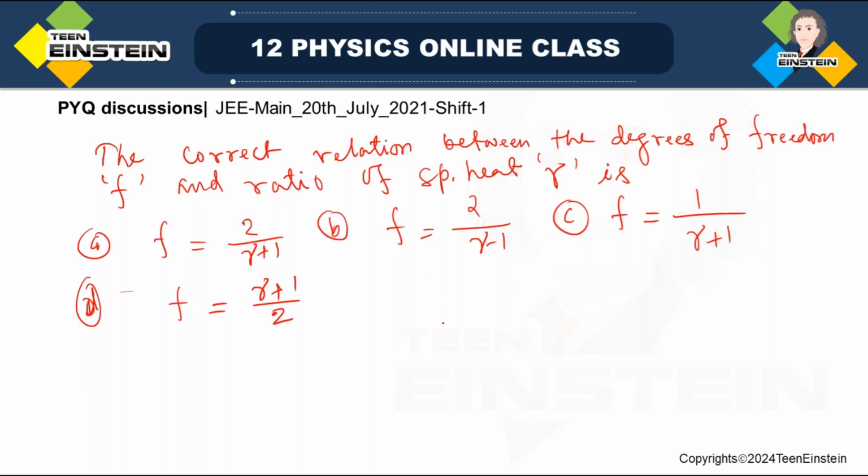See, it's very simple. If you remember this, gamma is equal to 1 plus 2 by F. This is actually the relation. Now we have to find out what F is.